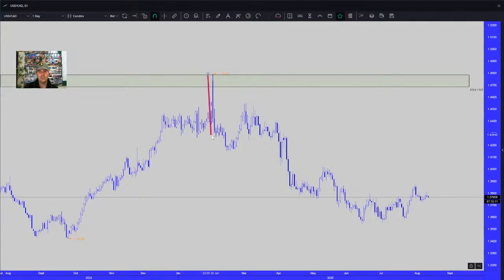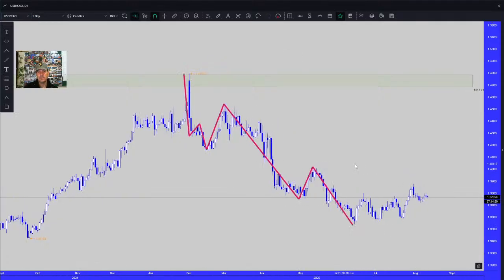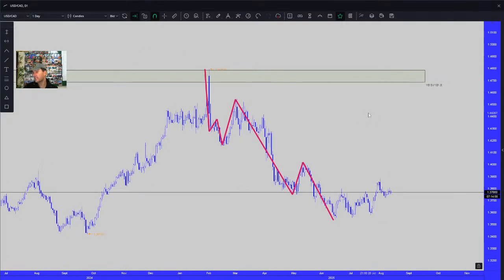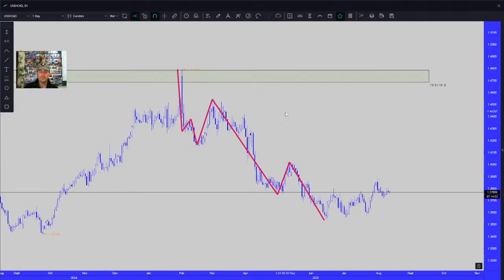So high to low to high, high to low to high, and then high to low to high, high to low to high, and high to low. So here, do we agree that on the daily chart we are in a downtrend, everybody? Making lower lows, lower highs.